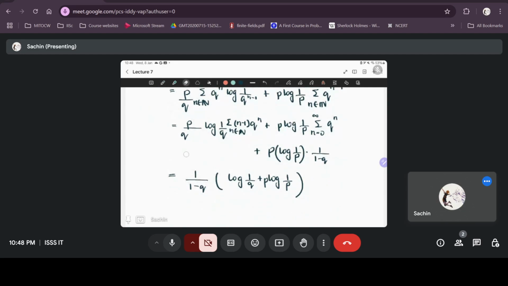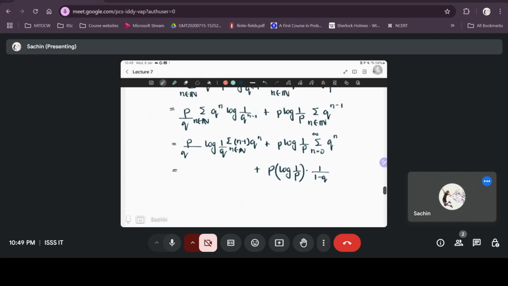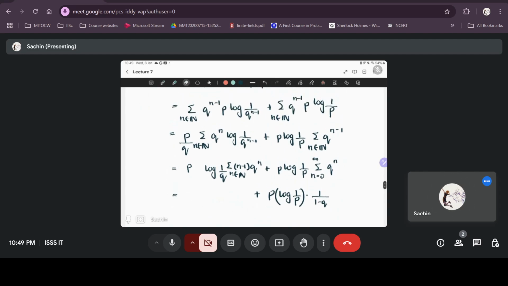So I'll keep the 1 over q inside the summation, and let me do this again. I'll only take out the p, write this as q power n minus 1 log of 1 over q.